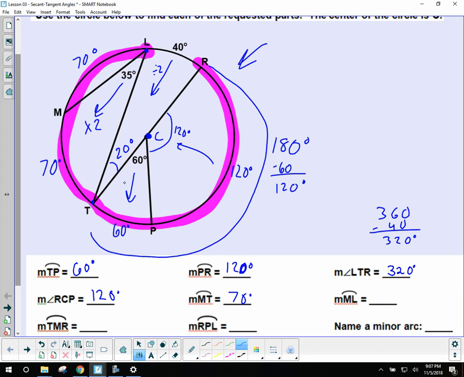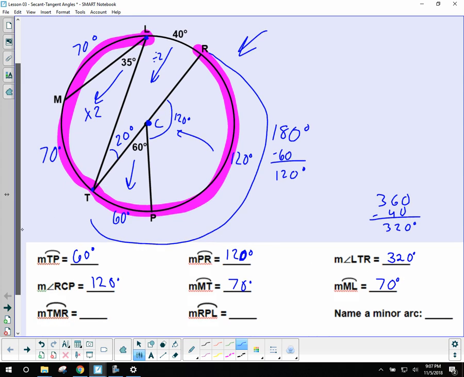ML, we just solved that to be 70. And scroll down a little bit. TMR, that's a semicircle, so 180, no brainer there. RPL, is that the same thing as LT?